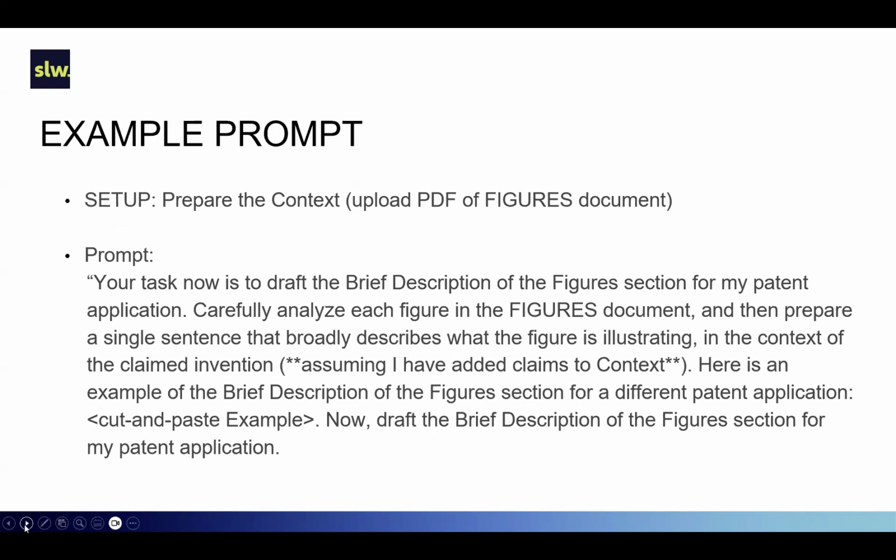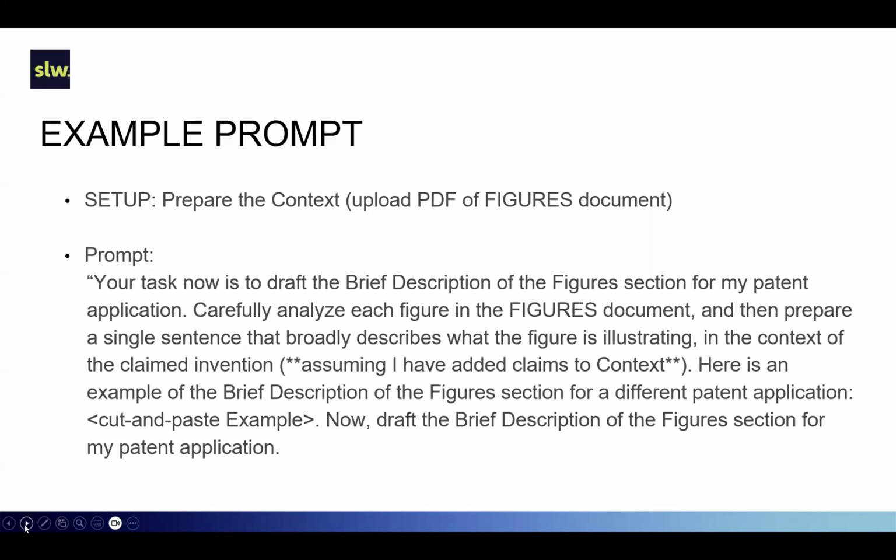And so this is just an example of the type of prompt that I might use. This is in the context of maybe drafting a patent application where I want the model to generate a brief description of the figures section for a patent application. So the first thing I would obviously do is make sure that I have the correct content in the context window.